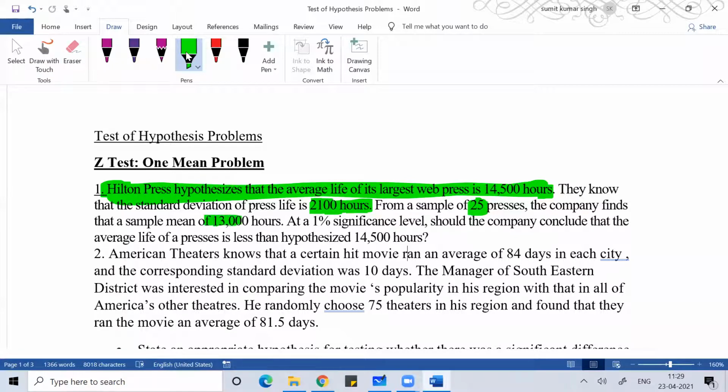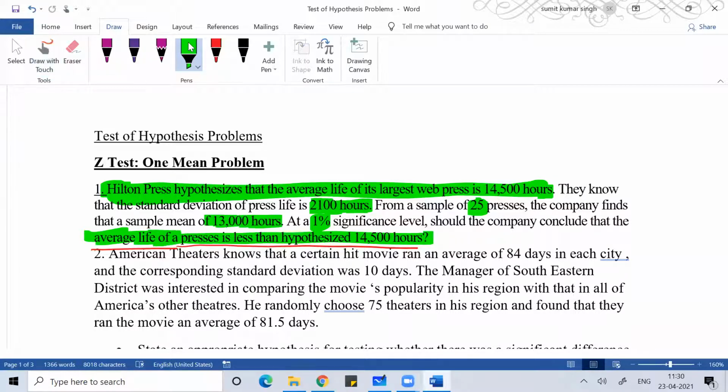The company finds that the sample mean is 13,000 hours, and at 1% level of significance, should the company conclude that the average life of the press is less than the hypothesized 14,500 hours? So here you can understand what they're asking: you need to prove or disprove that the average life of the press is less than 14,500 hours.